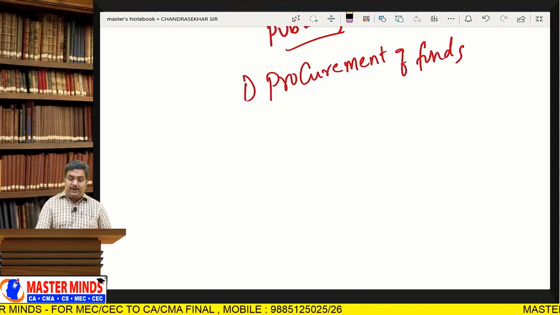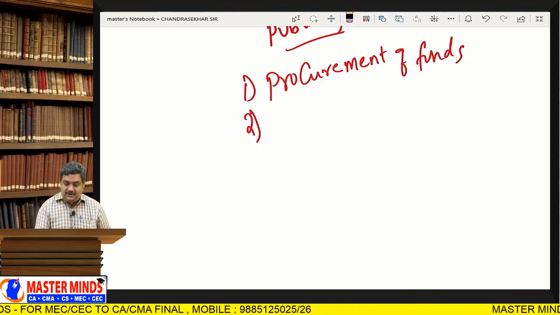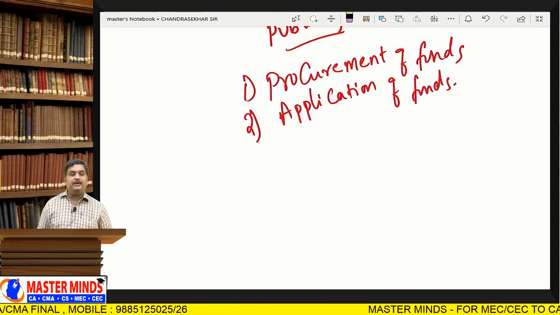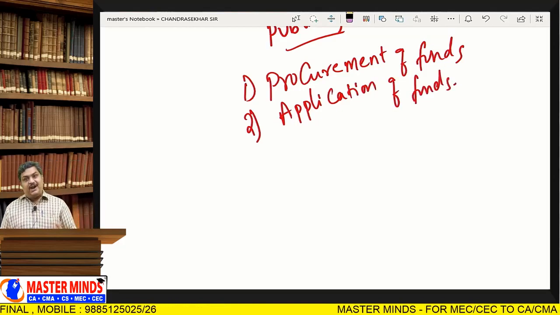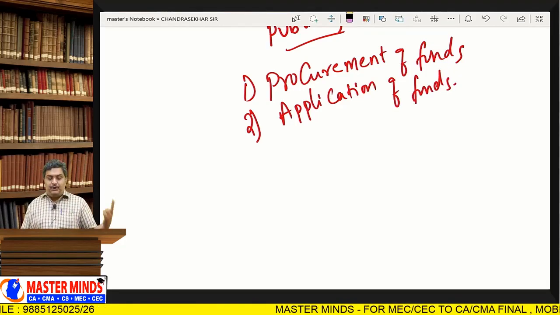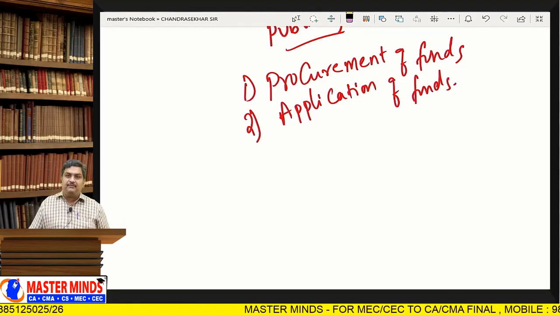So the second important area in financial management is application of funds. This is the most important thing. So financial strategy mainly revolves around two important things: procurement of funds and application of funds.